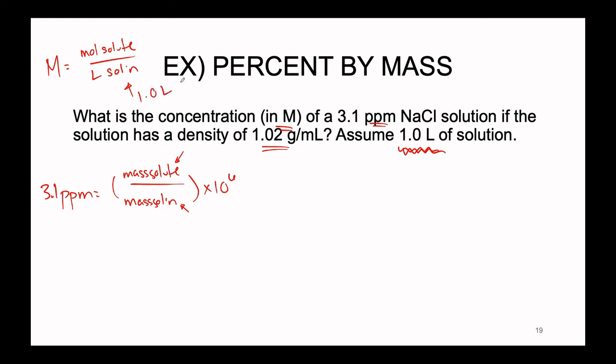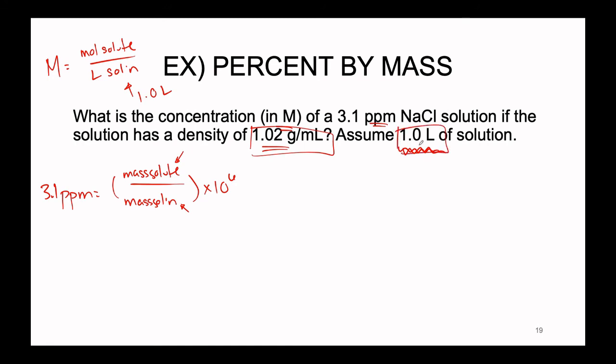All right, so let's get cracking. Let's try and find the mass of the solute and the mass of the solution, to actually rearrange and solve for moles of solute. Well, in order to determine which of these two we should be trying to fill in, let's turn our attention back to the problem. So we know that we have a density of solution as well as a volume of solution.